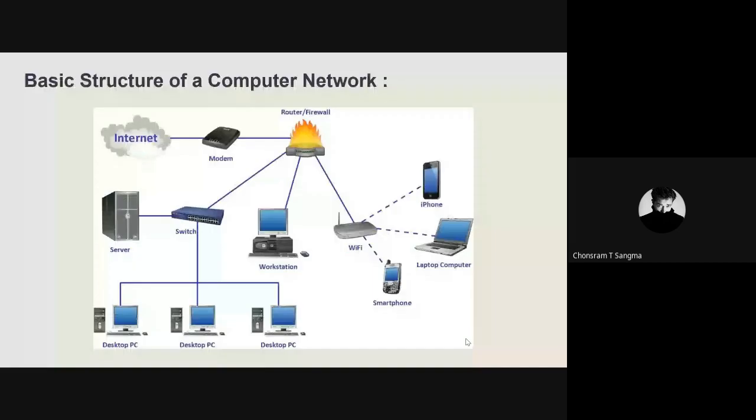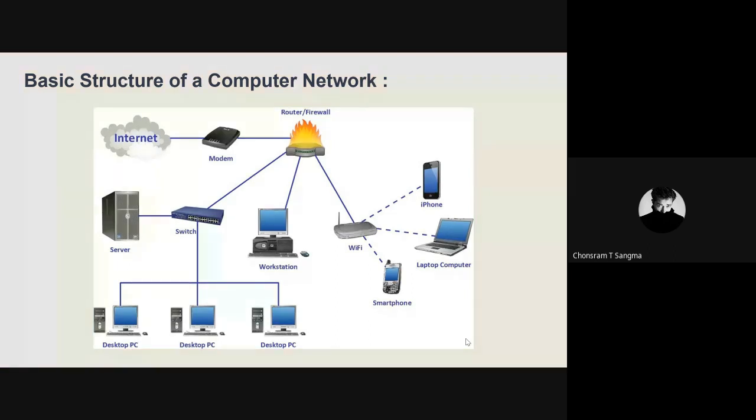So next, this is the representation of how a computer network works in a real environment. As we can see in this representation, we have three desktop computers connected to a switch, and that switch is connected to a server, and then again that switch is connected to the top part, which is a router and firewall.